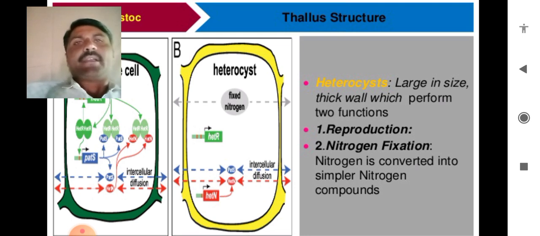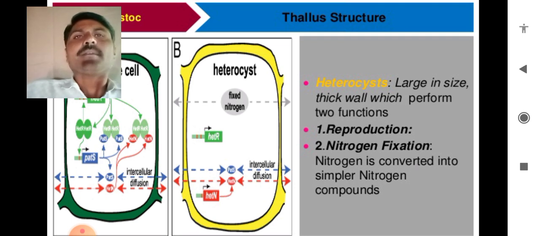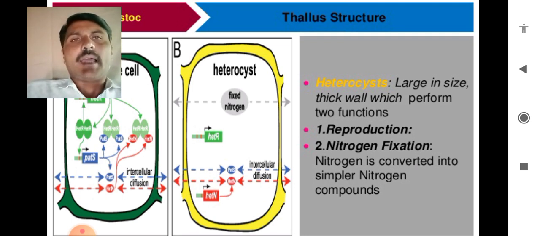While going thoroughly through the structure of this thallus of Nostoc, here are shown the two diagrams A and B. The first one is shaded with green color and B is showing yellow color.